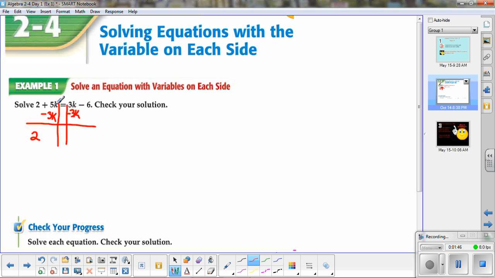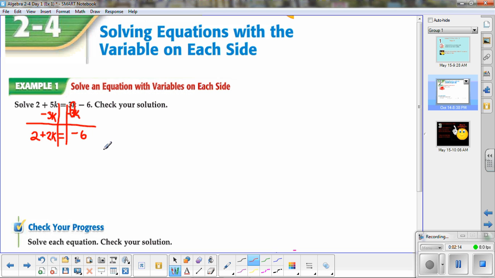And then 5k minus 3k is 2k. And since it's a positive 2k, I'm going to write plus 2k. And on the other side, 3k minus 3k, that is 0k. So I'm not even going to write those down. It's 0. And then we still have a minus 6 or a negative 6. So I'm going to bring that down on the right.